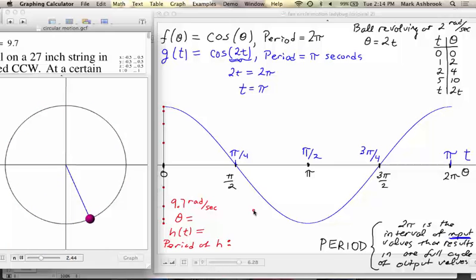Well, think for yourself first. See if you can do it, and then. So, by the way, this 9.7 is called radial speed.